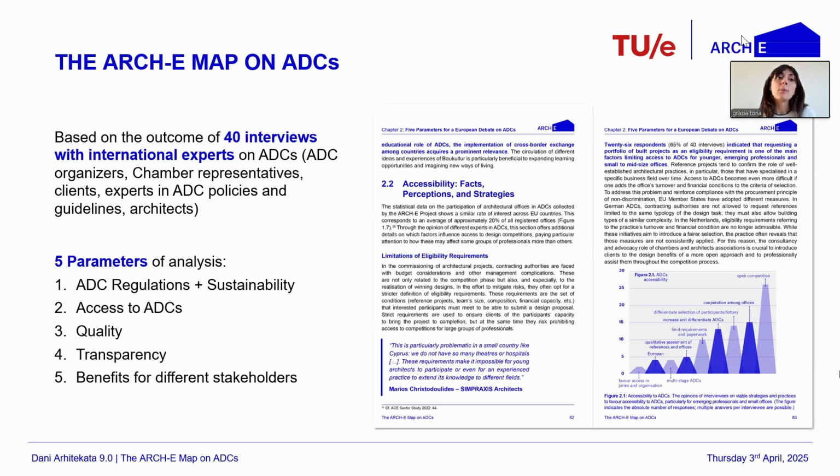Based on the outcome of those 40 interviews with international experts, we built the chapter around 5 main parameters of analysis. Those included the regulation of design competitions, with a subsection focusing on regulations and sustainability in ADCs. Later on, we focused on accessibility.